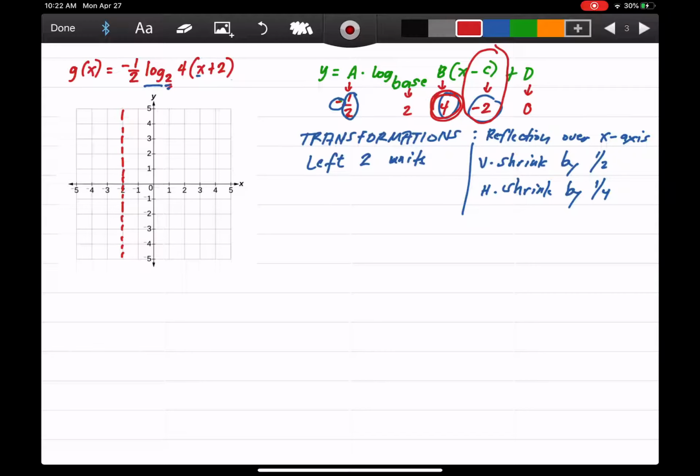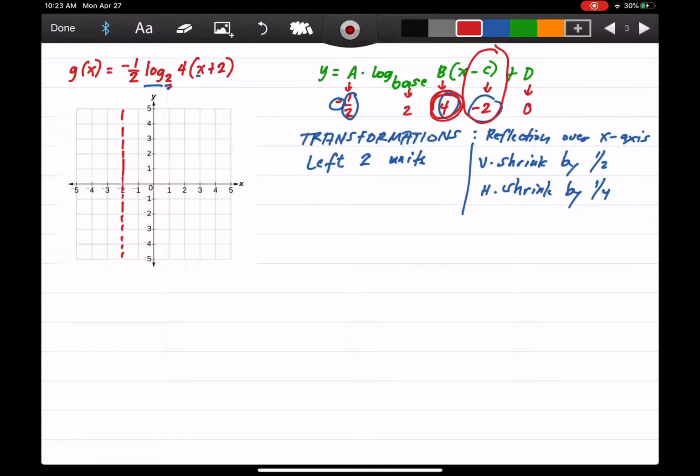All right, so look at your b value here. It's positive, right? So we can expect that the graph will be contained here on the right of this line. It could be like this or like this, whatever. Since it's on the right of negative 2, we are expecting that there will be x and y intercepts, okay?